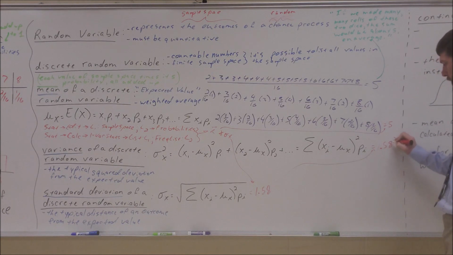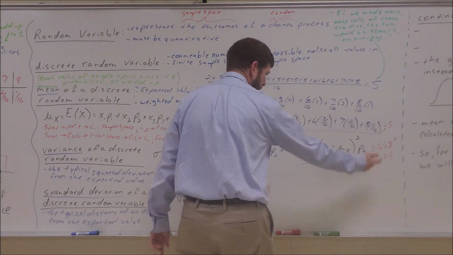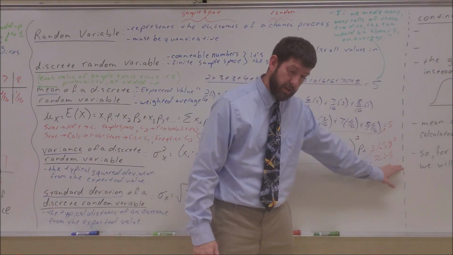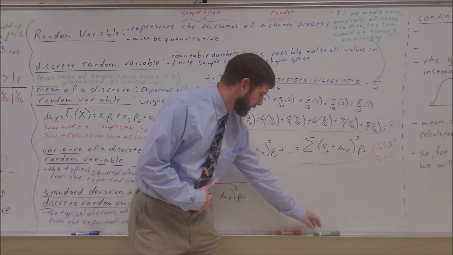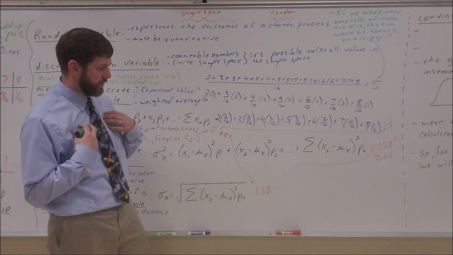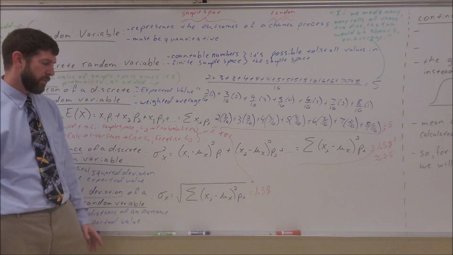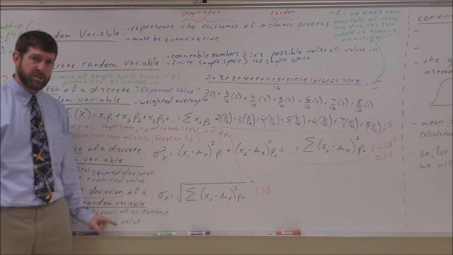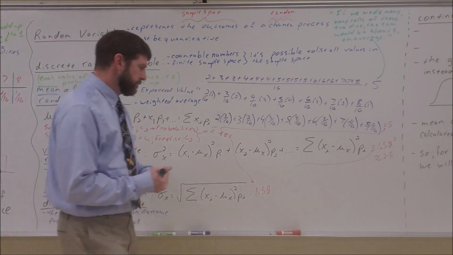It's 1.58 squared, which is approximately 2.5. Now, this number is important for future calculations, but we don't care as far as interpreting what that means. The interpretation that's important to us is this 1.58. So what is that 1.58? It's the typical distance of a single roll from the expected value.